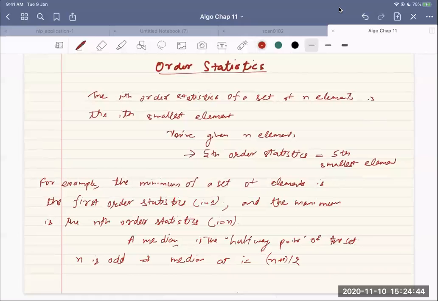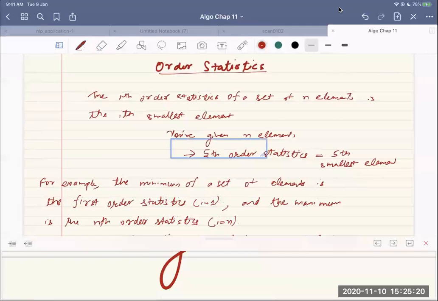If there are 5 elements, the median is the third element. And if n is even, then there are 2 medians. One is n/2, another is n/2 + 1. And generally what you do is take an average of these.